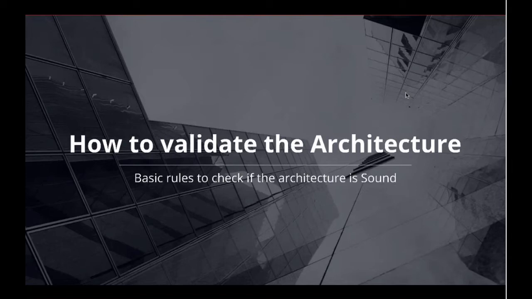Let me talk about how to validate architecture. And when I say validate architecture, it's either because you designed the architecture from scratch and now you need to make sure that you keep evolving correctly, and because it's also important to understand that sometimes it's so easy to commit a violation.